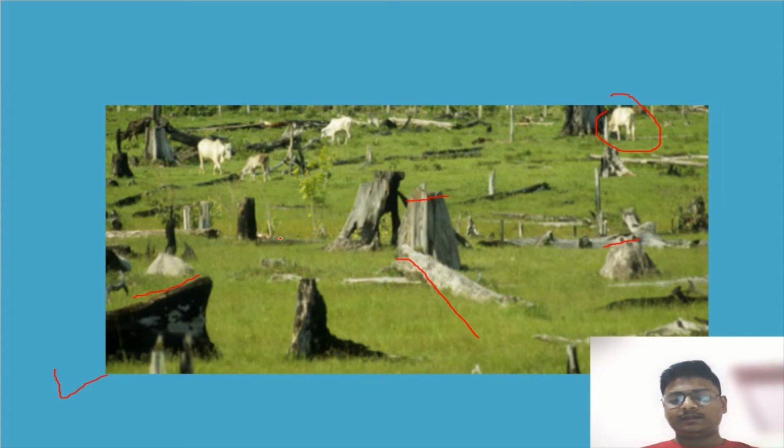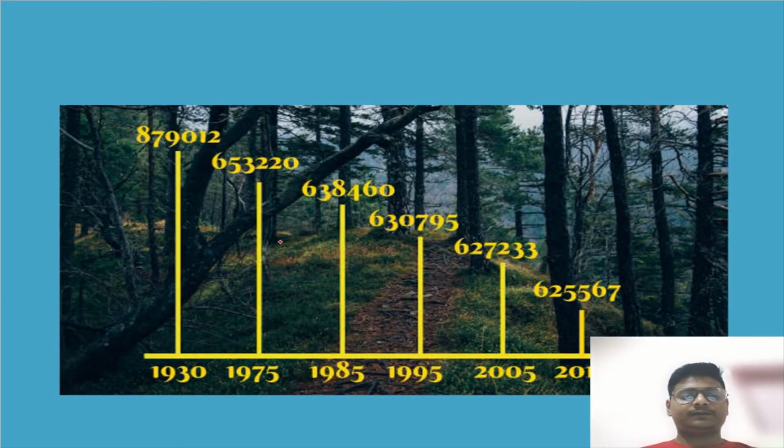See, one more thing. We can see over here that in 1930 this much amount of trees were there in the specific region. Then in 1975 only this much was left, 6,53,220. Then in 1985 it was 6,38,460.